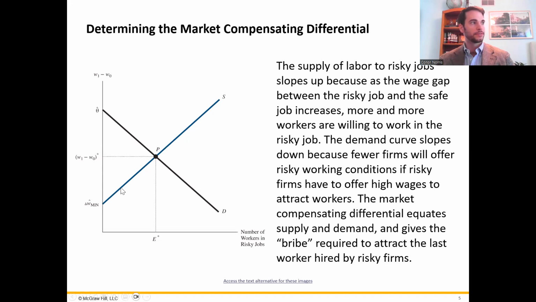They're willing to work for this lower compensating differential down here. So they're getting some surplus from it, just like we saw workers receive surplus in the labor market equilibrium before. So they receive more compensation than the added risk that they take on. For this last worker, they are perfectly indifferent. They get just enough to move them into that more risky job.